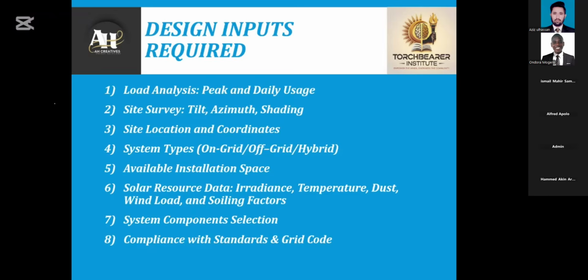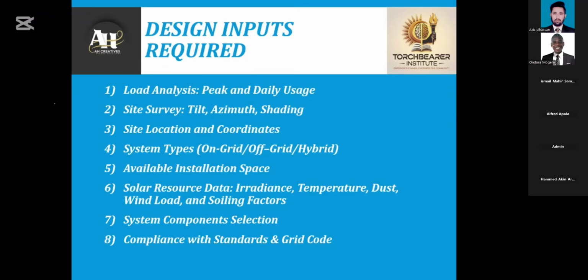It's important to gather the site location coordinates because it's very important in doing the simulation using PVsyst and SketchUp. So we have talked about the types of system. During designing of a system, you need to understand if the client needs a total off-grid, on-grid, or hybrid system.